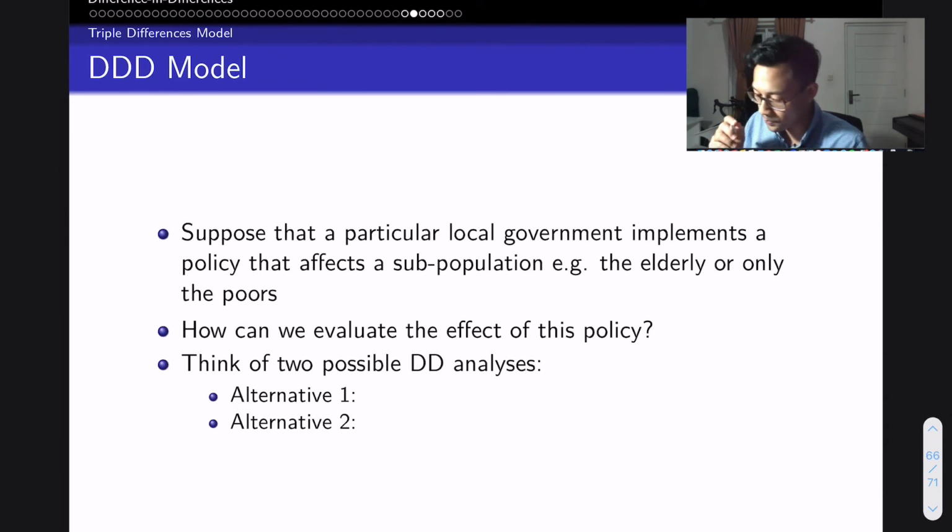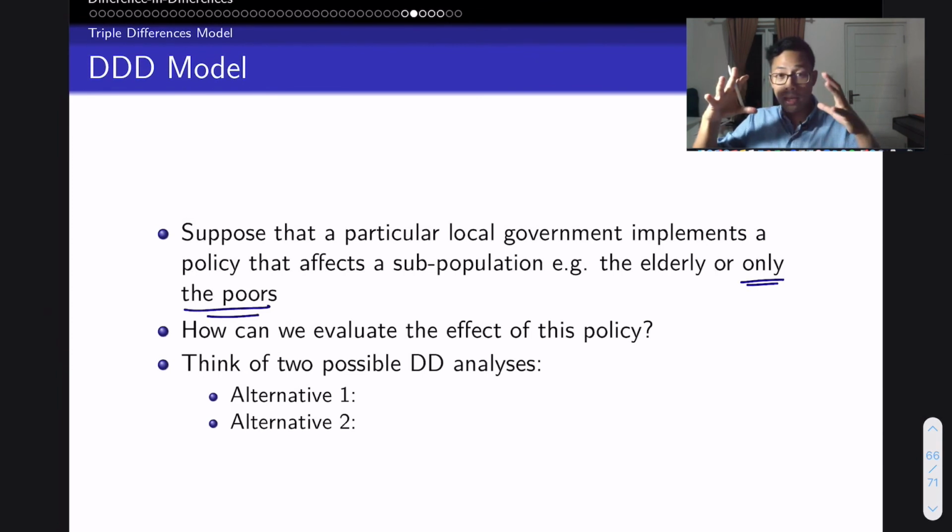So that you're not confused, let's just take an example where a particular local government is implementing a program specific to poor people. So let's think about that local government.